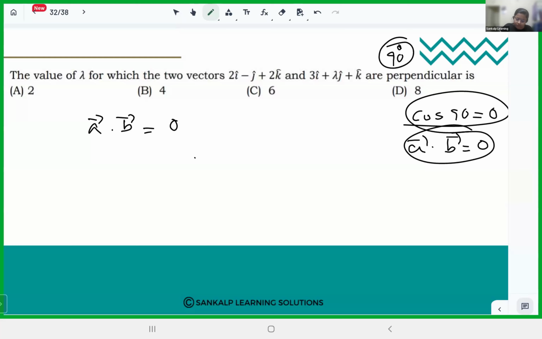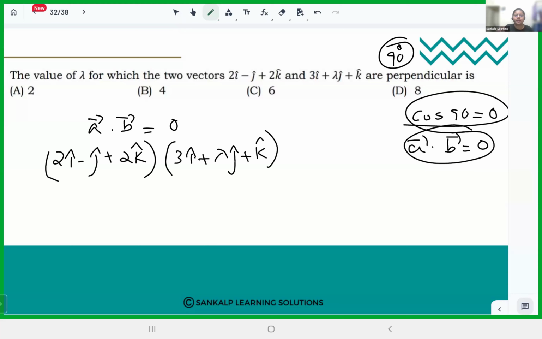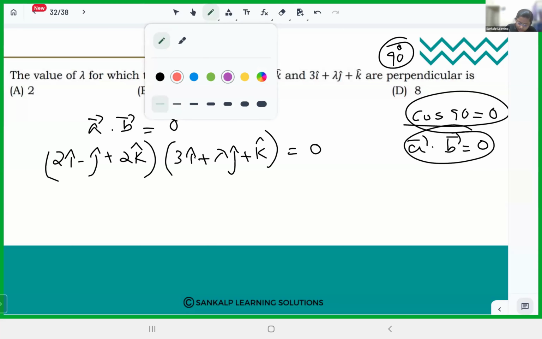So which are those vectors? 2i minus j plus 2k dot 3i plus lambda j plus k is equal to 0 because these vectors are perpendicular. Now, how will you do the dot product? 2 into 3, that is 6.